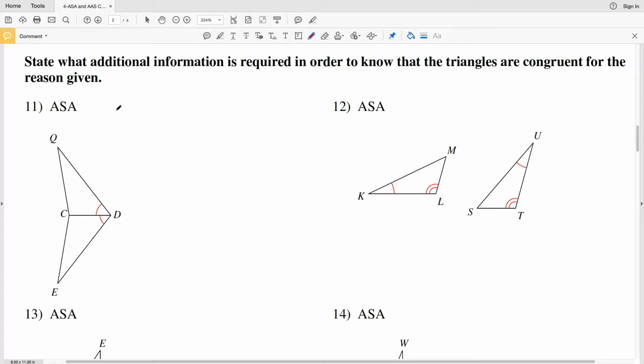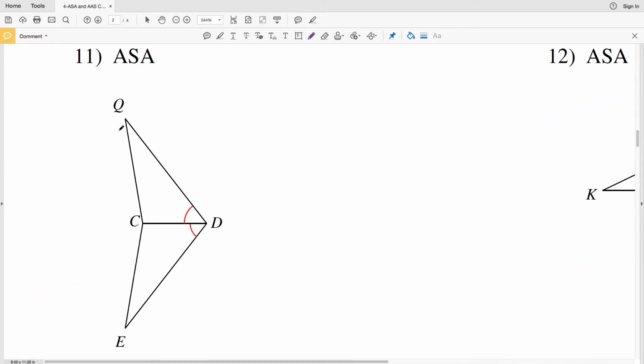For the second part, we're going to state what additional information is required in order to know that the triangles are congruent for the reason given. In number 11, the reason is ASA. ASA is angle side angle, where two angles and the included side are congruent to the corresponding angles and side of the other triangle. Right away we can see that both triangles share the segment CD, so CD is congruent to itself.